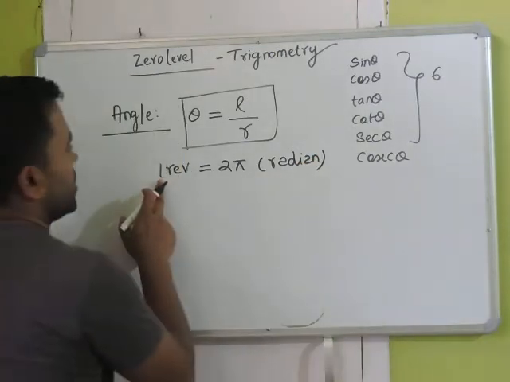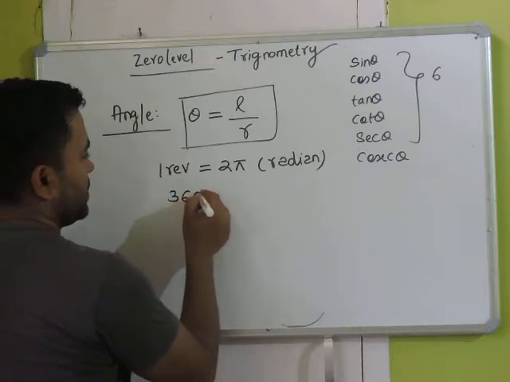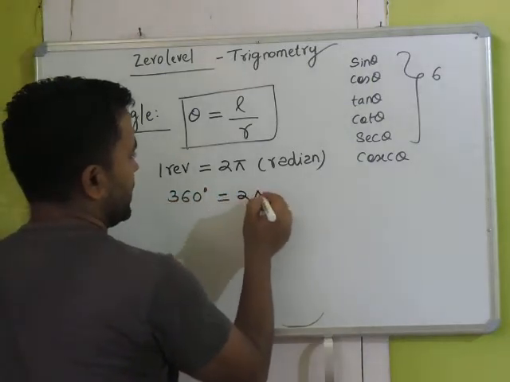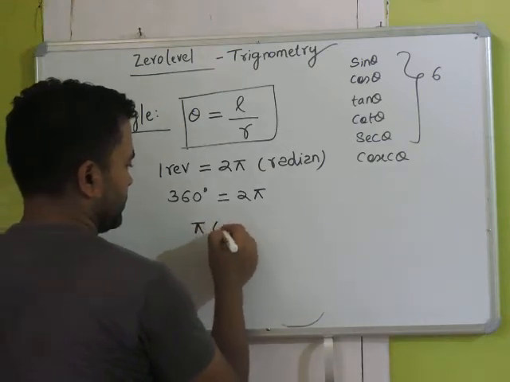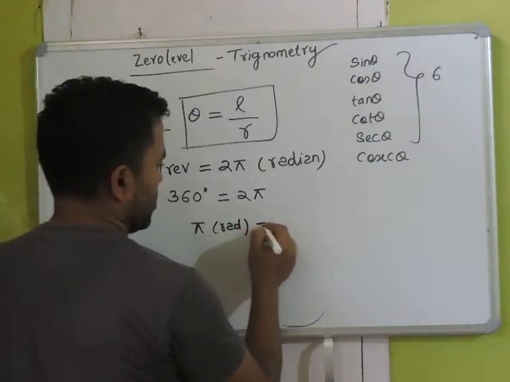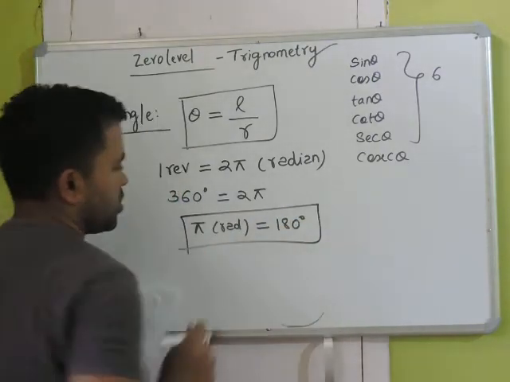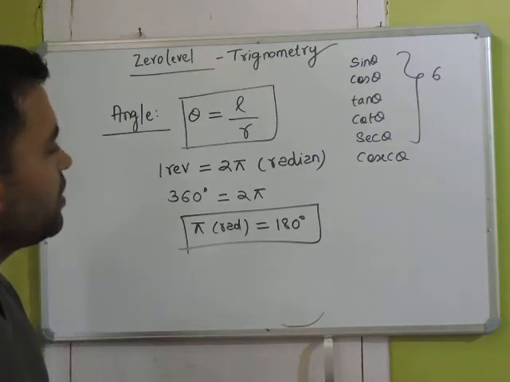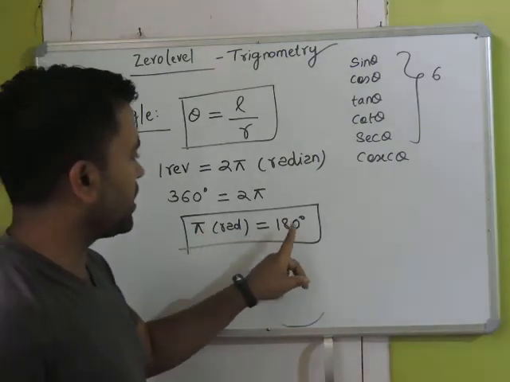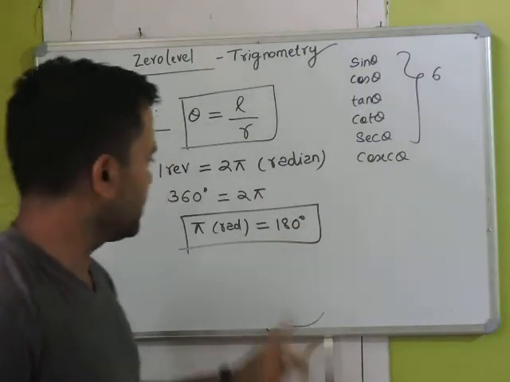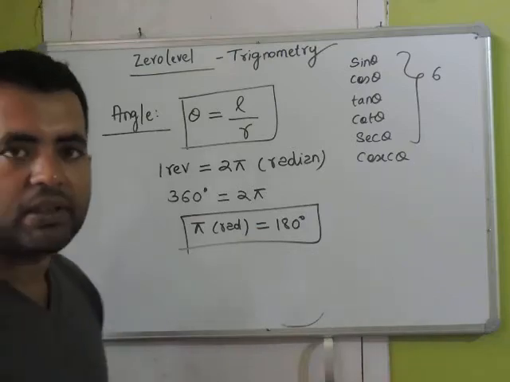Now one revolution is 360 degrees, so in the simple sense 360 degrees is 2 pi radian. So pi radian is 180 degrees. So this is the conversion. In some places you will find we measure the angle in radian, not in degree. So this is the conversion factor: pi radian is equal to 180 degrees.